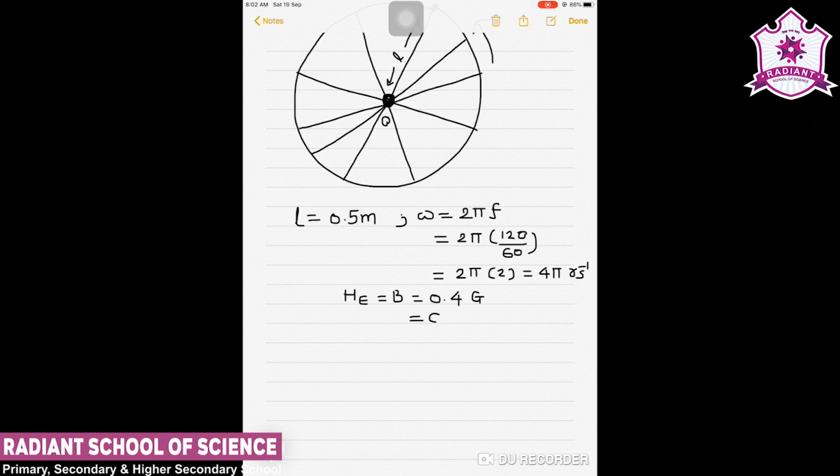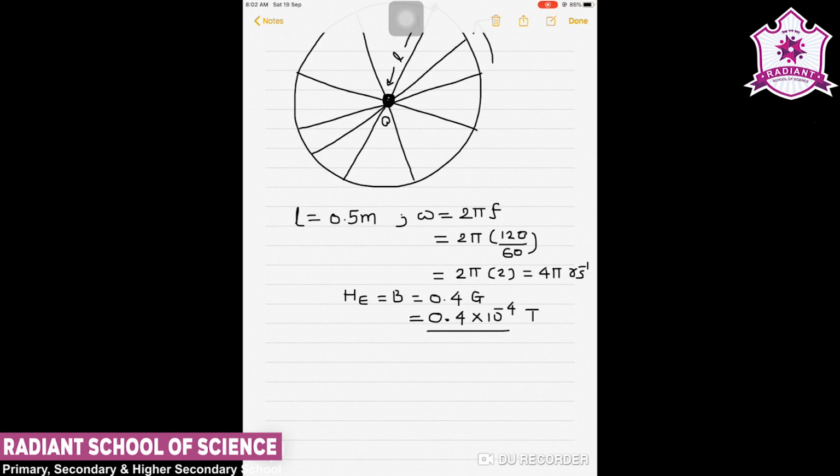So we can say this is 0.4 into 10 raised to minus 4 Tesla. Now what is the induced EMF between the axis and the rim of the wheel?